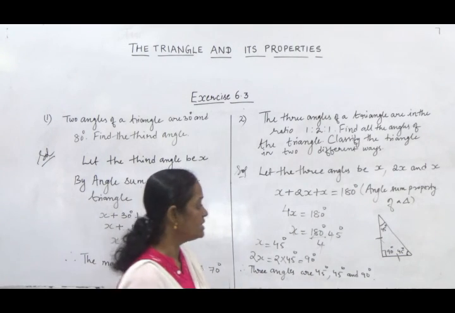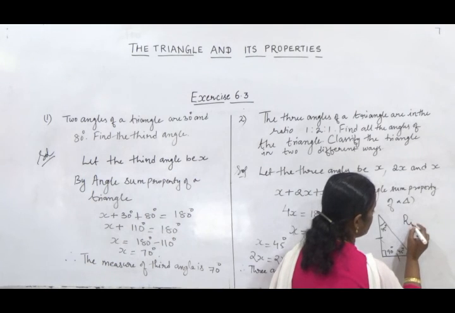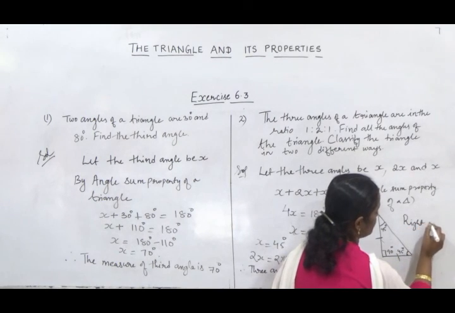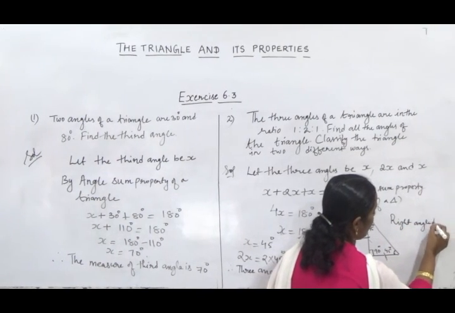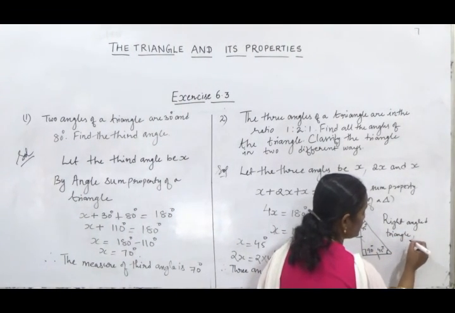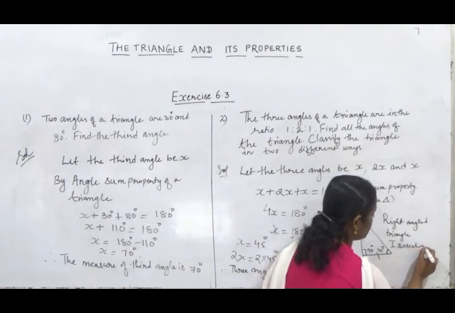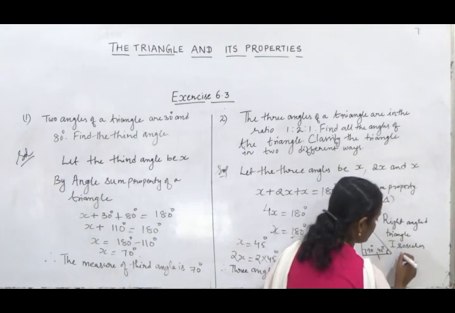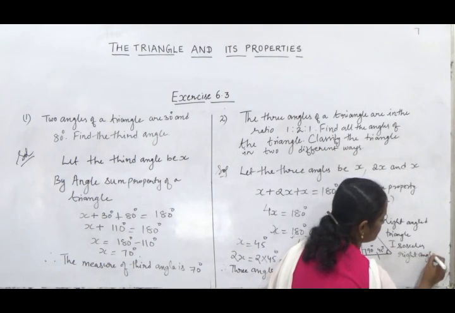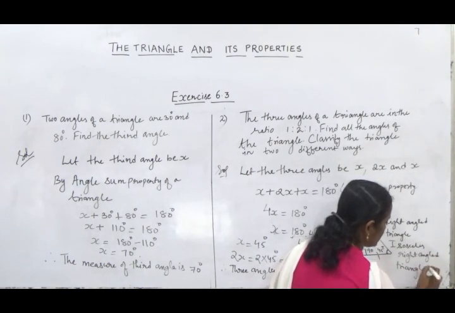So we can classify this triangle as a right angle triangle, or we can also say it is an isosceles triangle. That is, it is an isosceles right angle triangle.